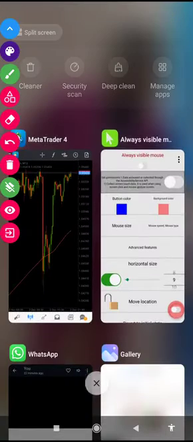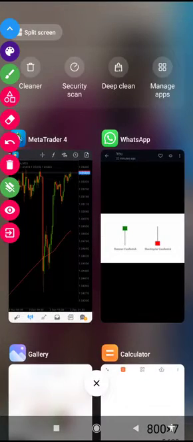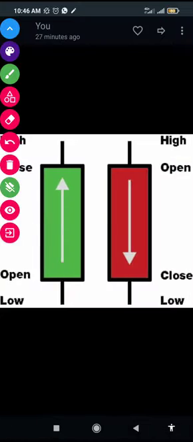Okay, let's come to here. Now, there are components of a candlestick. This is just one of the candlesticks. A candlestick is made up of two components, the body and the wick.